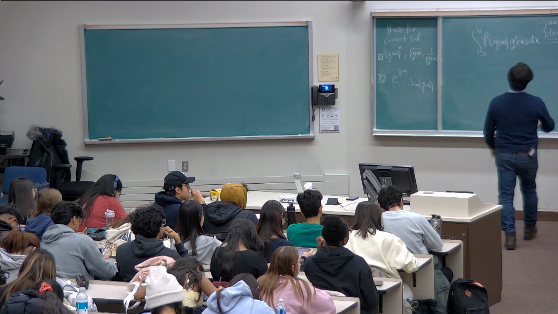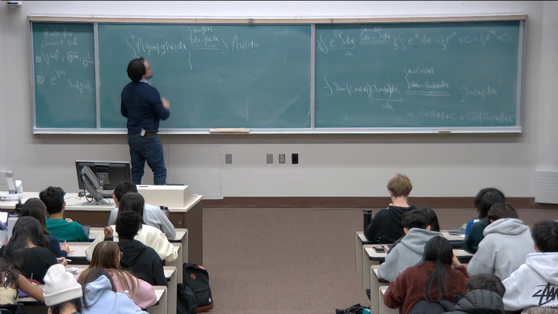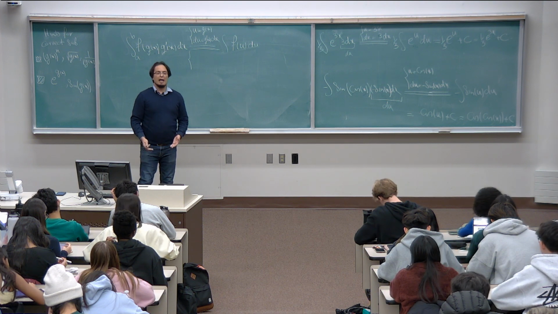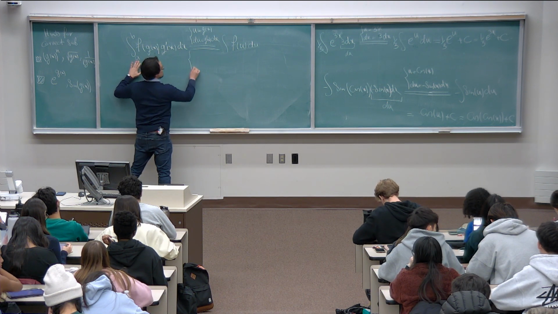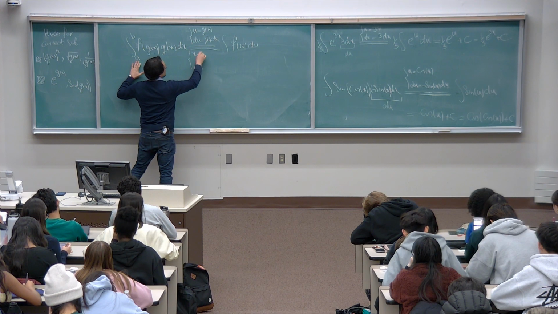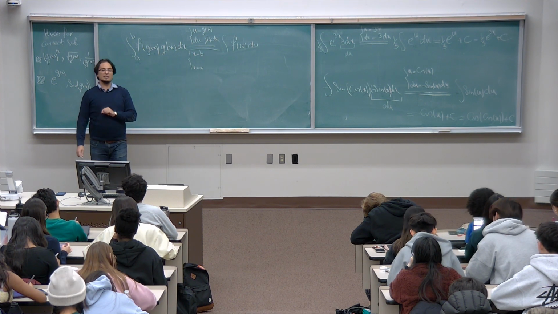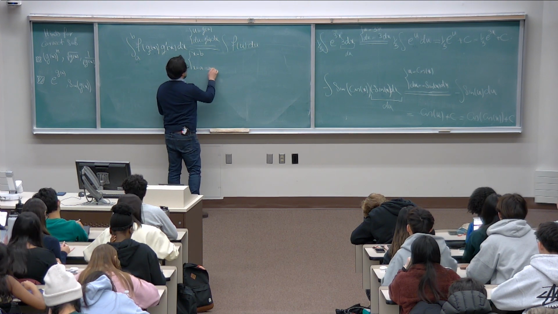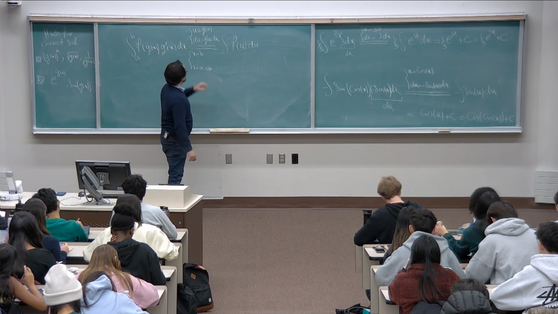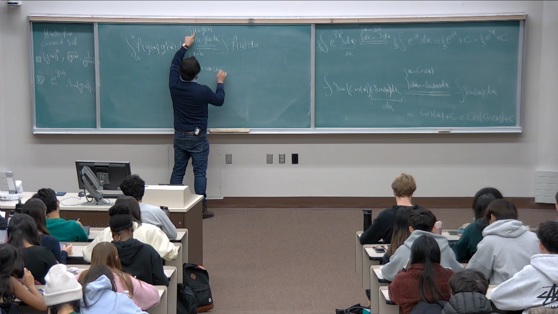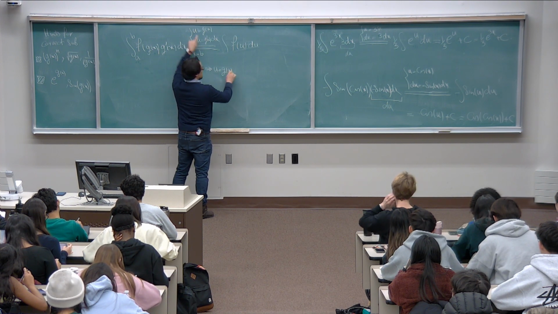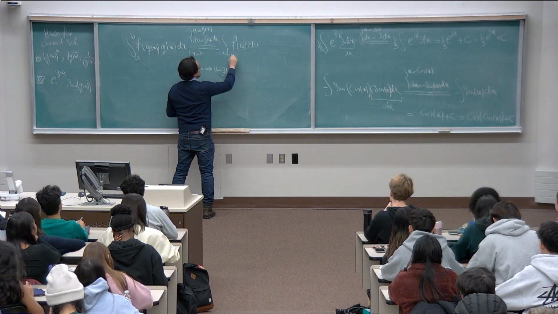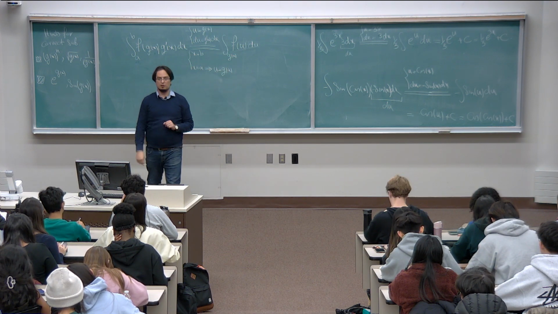Okay, you already have everything up there. You said that the new variable is g(x). And I know that the limits for the x integral are lower limit a, upper limit b. So if x is equal to a, my u will be g at a. So my lower limit will be g at a in the u integral.